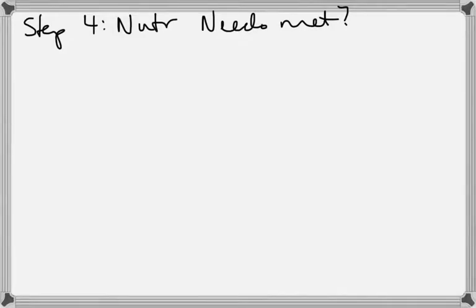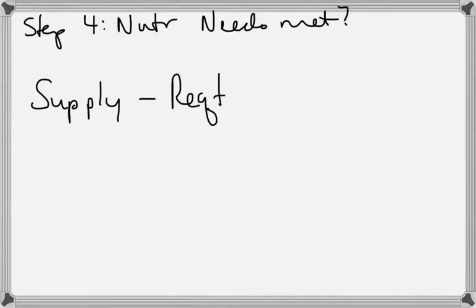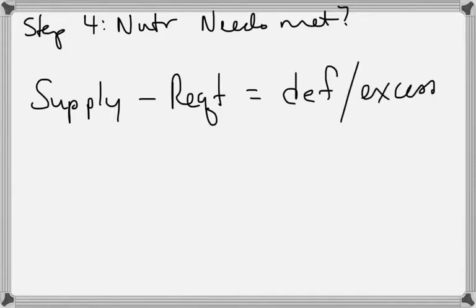And how are we going to figure that out? So as we take a look at this, oops, sorry about that. We're going to take our supply, what is being supplied in the diet, minus the animal's requirement. That's going to tell us if we have a deficiency or an excess of that nutrient.